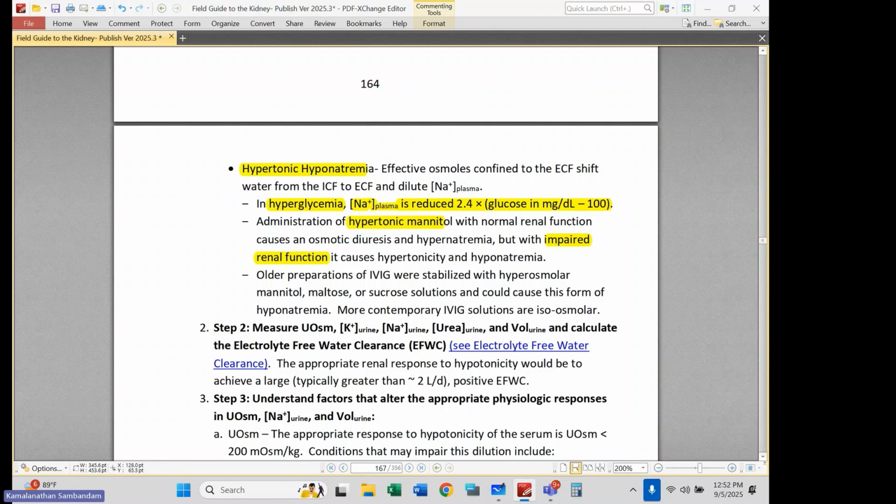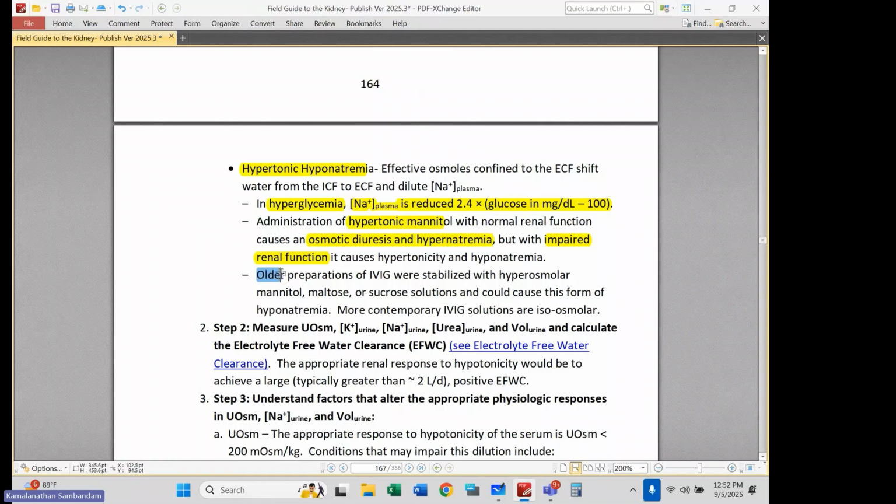That could be a theoretical situation in which water translocation occurs. In general, when you give hypertonic mannitol, osmotic diuresis ensues and you get hypernatremic. So you would have to posit an interesting or weird hypothetical giving hypertonic mannitol to somebody who has acute kidney injury. That can cause a shift of water to the ECF.